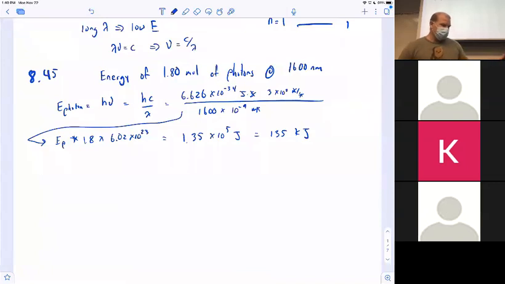So Planck's constant times the speed of light divided by the wavelength gives you the energy per photon. Then you multiply it by the number of photons, which in this case is 1.8 times Avogadro's number, and you get 135 kilojoules.